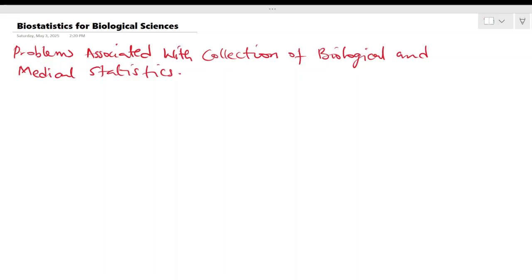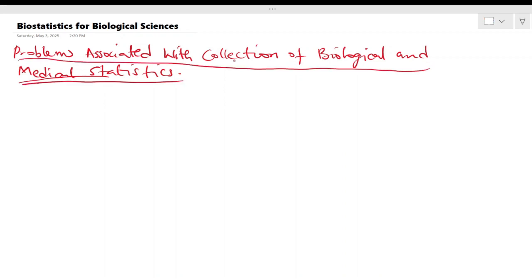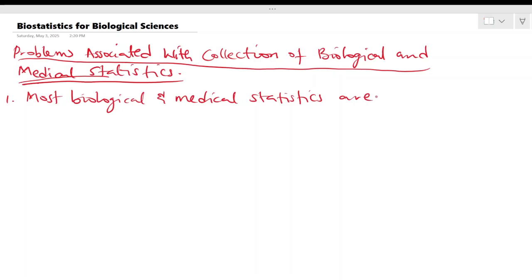So the major one we want to start with in looking at the problems associated with collection of biological and medical statistics is that most biological and medical statistics are uncoordinated.